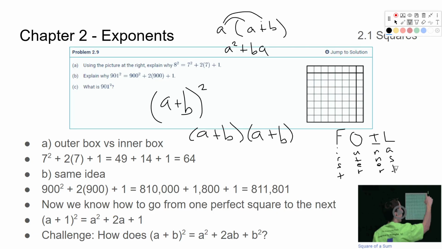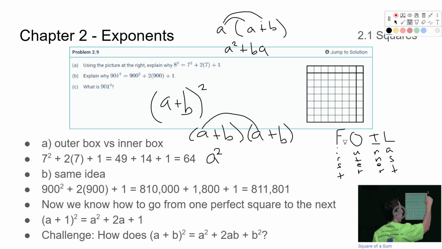You don't have to do it in this order, but this is something I tell myself so that I won't forget any of them. So first, you match up the first numbers from each of these pairs. A times A would be first, and that would be A squared.